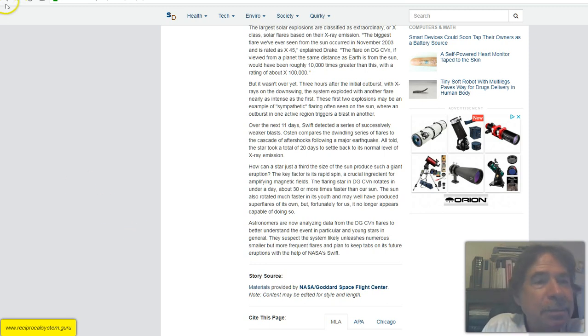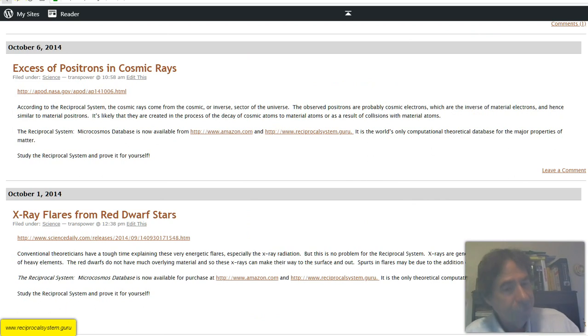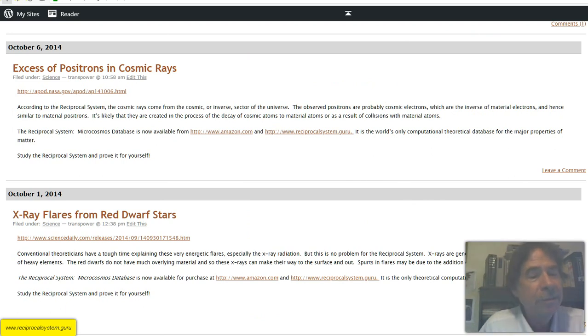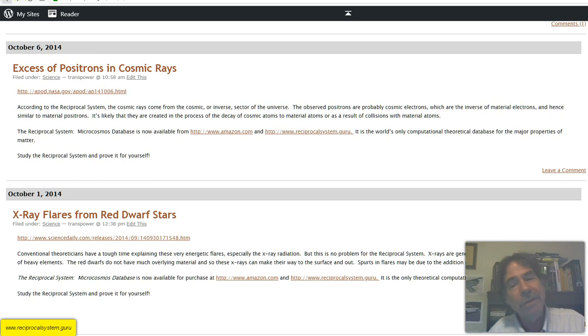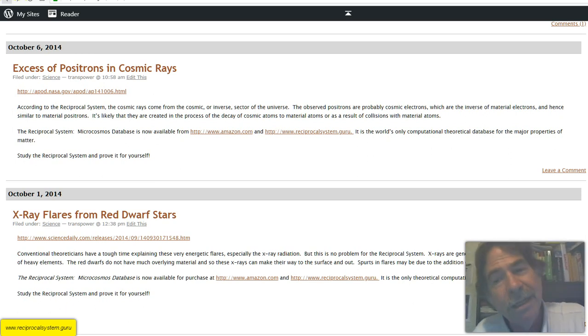All right, so how do we explain this in the reciprocal system? Conventional theoreticians have a tough time explaining these very energetic flares, especially the X-ray radiation. But of course, this is no problem for the reciprocal system. X-rays are generated in the core of the star by the fission of heavy elements, not the fusion of light elements. You've been misled all of your life.